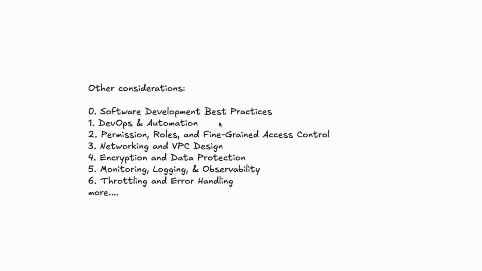Well, we've covered the main aspects of designing the data extraction and storage part of the project in the cloud. There are several critical areas that often get overlooked. In practice, those considerations play a vital role in ensuring a secure, scalable, and maintainable solution. So the first point I want to make is software development best practice.